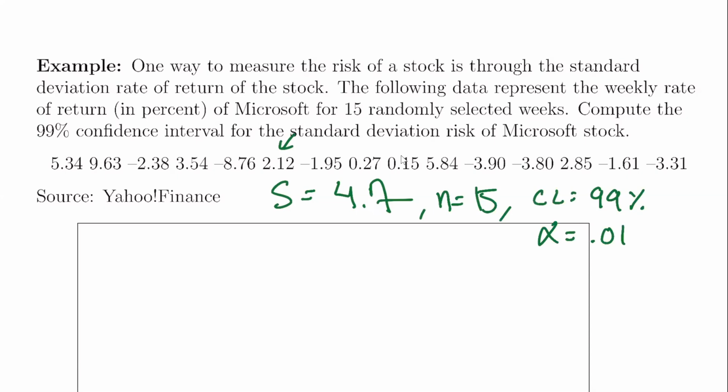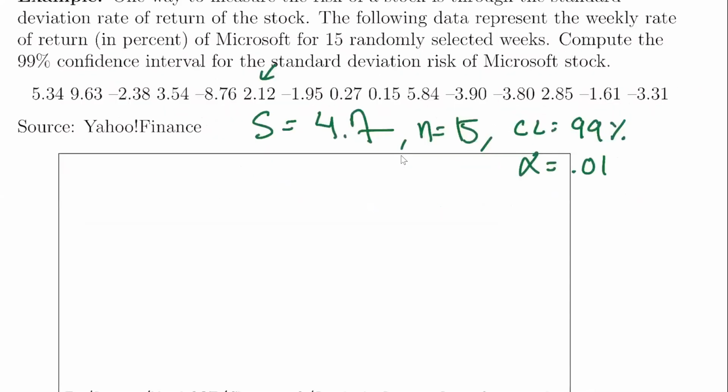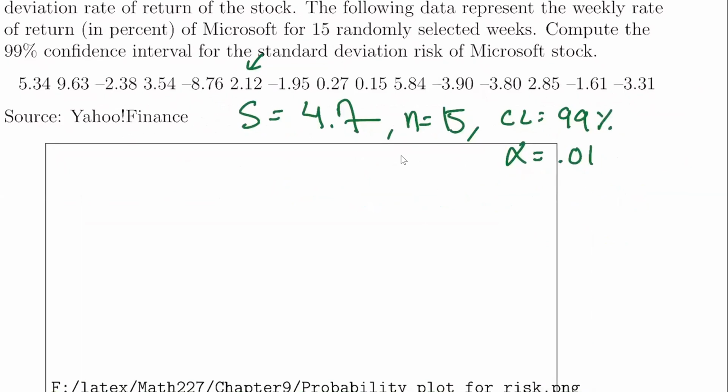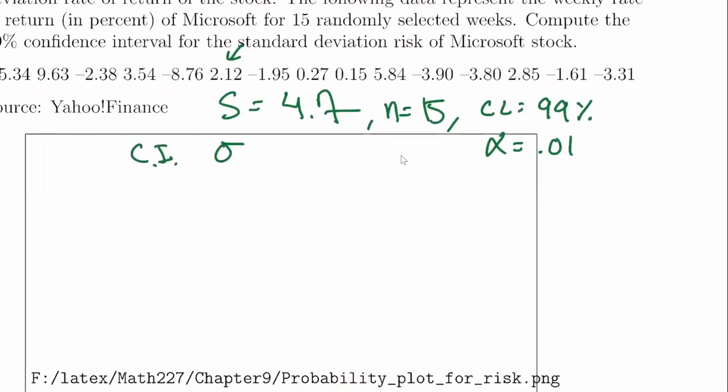All right, so if you look at the problem, they just want to know the confidence interval for standard deviation. So we don't have to do this for variance. We just have to do this for the confidence interval of standard deviation. So the first thing I'm going to do is find, oh, sorry, chi-square.